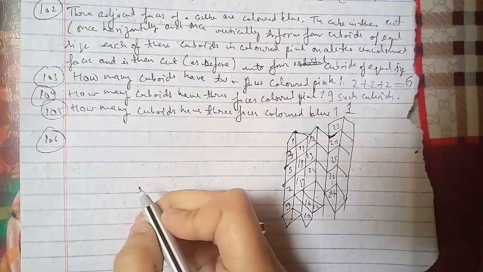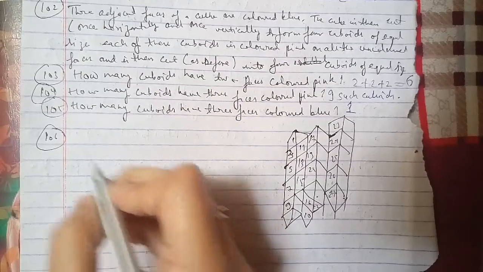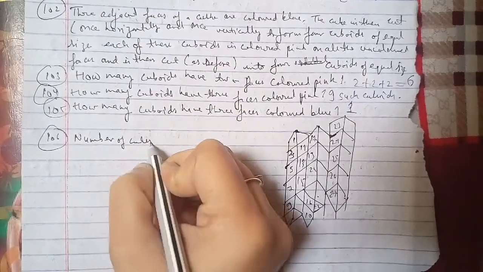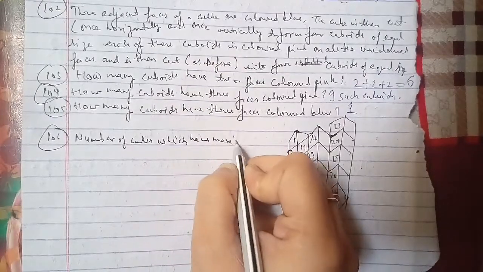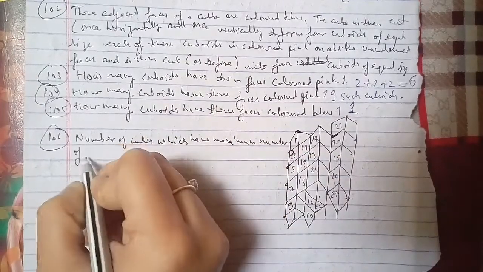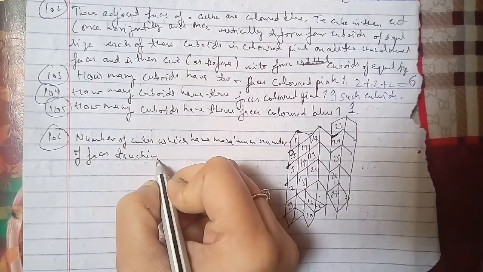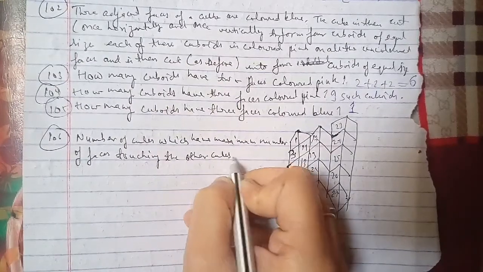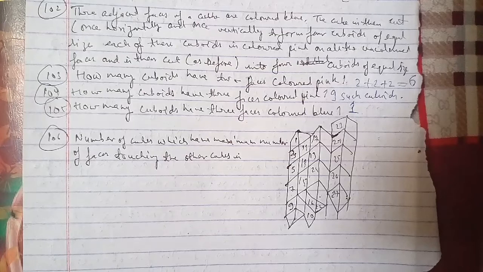The question is, the number of cubes which have the maximum number of faces touching the other cubes is. The options we have are 1, 2, 3 and 4. So we go ahead with the solution.